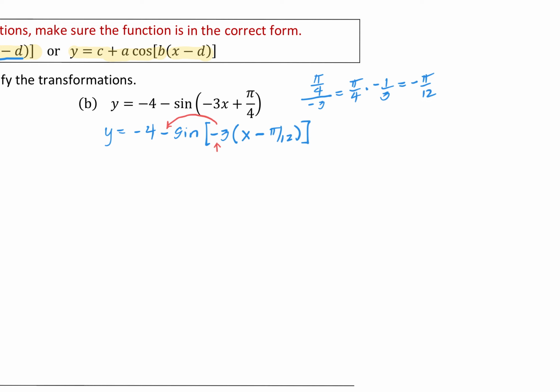So think about it as factoring out a negative 1. If I pull that negative and bring it out in the front, the negative will change to positive. So now I have y equal to negative 4 minus minus becomes plus sine of 3 times x minus pi over 12.